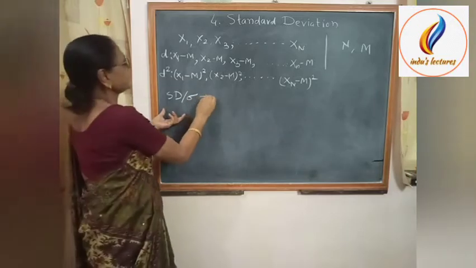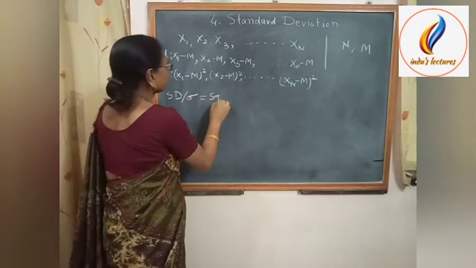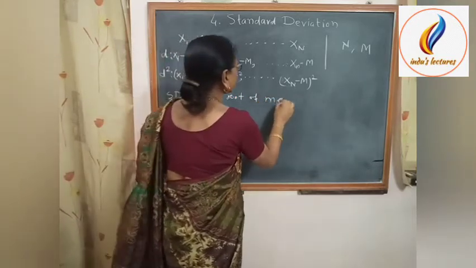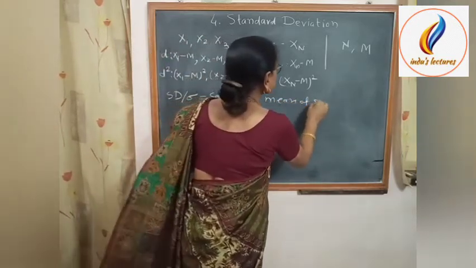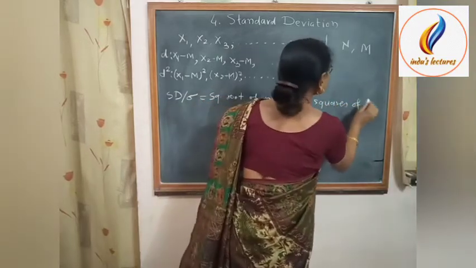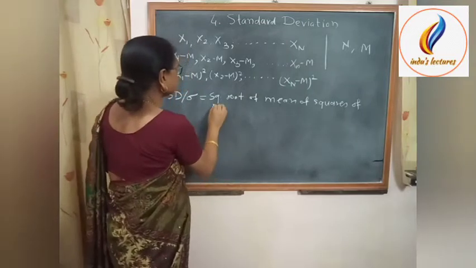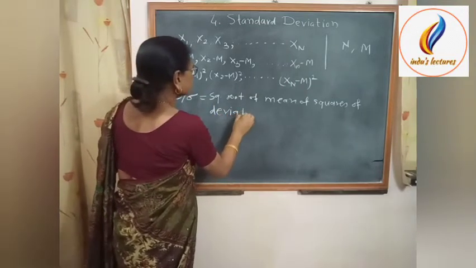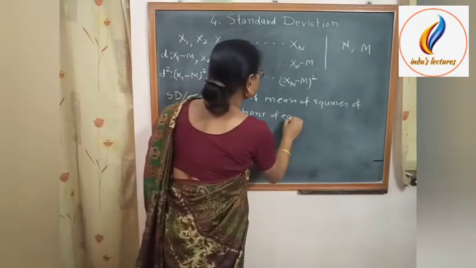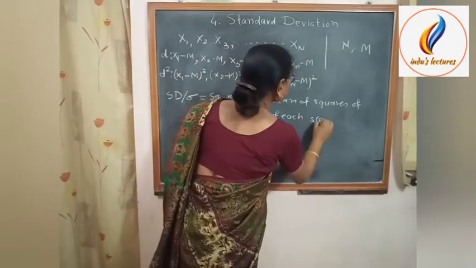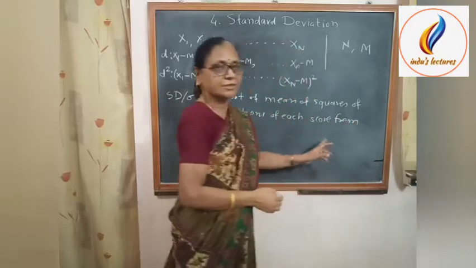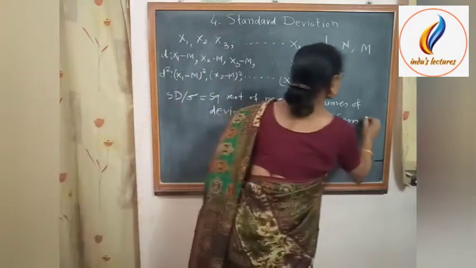So sigma is equal to the square root of the mean of the squares of deviations of each score from the mean of the scores series.